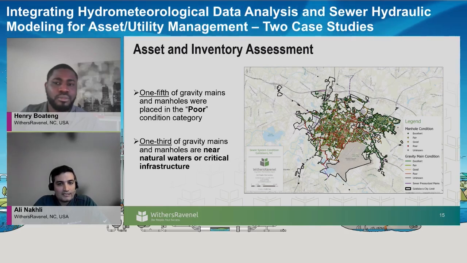All of the red dots that you see on the maps show the poor conditions of the system, as we scored using all of the data, for example CCTV and other data that we had. I already showed the FEMA map. One third of the system is located within critical infrastructure and natural water. So knowing all of this information, next slide, please, Henry.